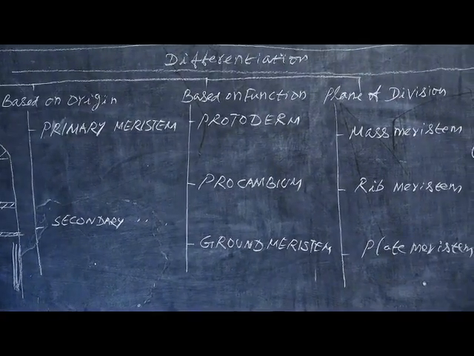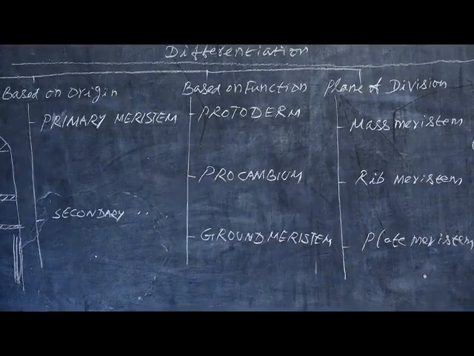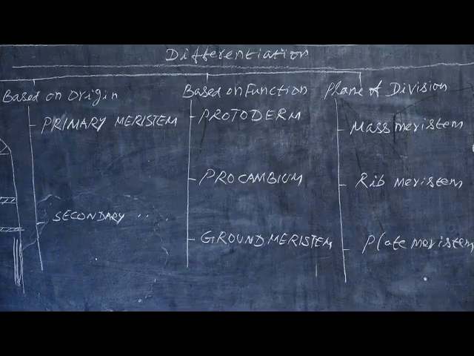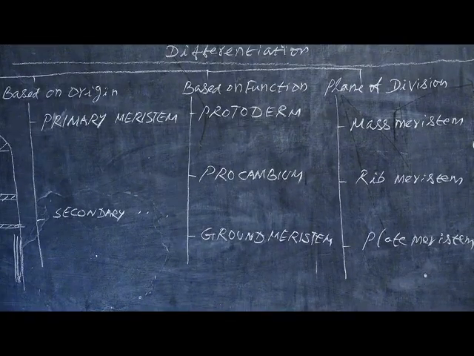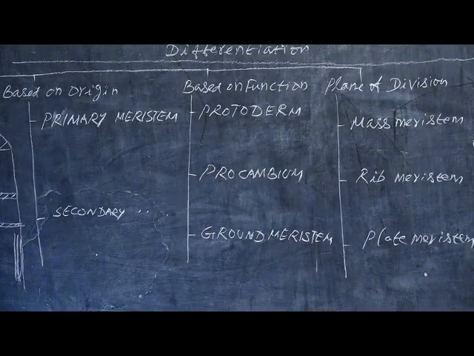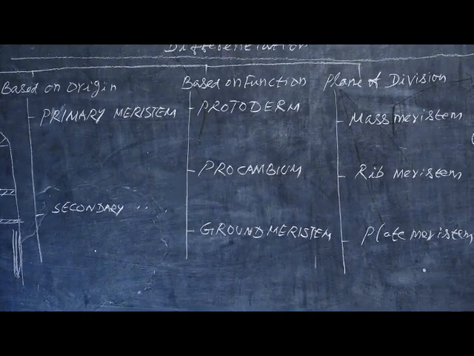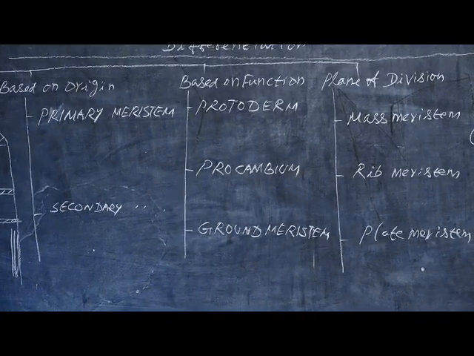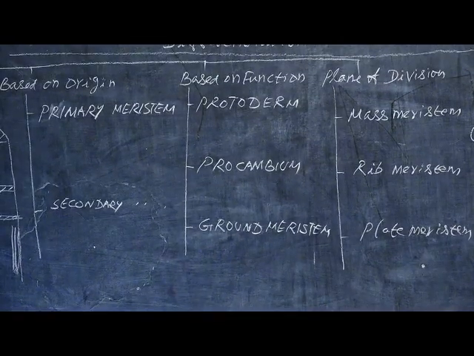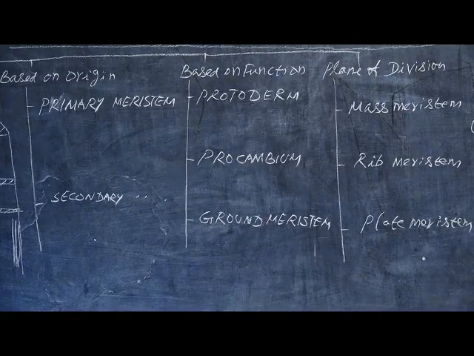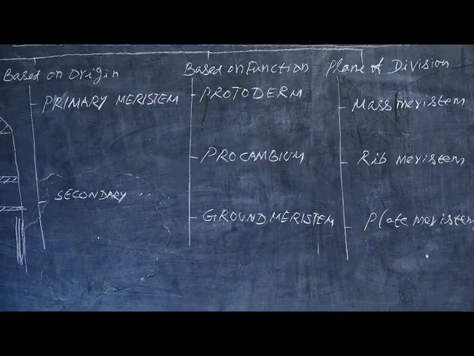Procambium gives rise to primary xylem and primary phloem, which are the vascular tissues responsible for the conduction of water and food materials. The third is ground meristem. Except the epidermis and the vascular stele, the other tissues are called ground tissues. Ground tissues include the cortex.